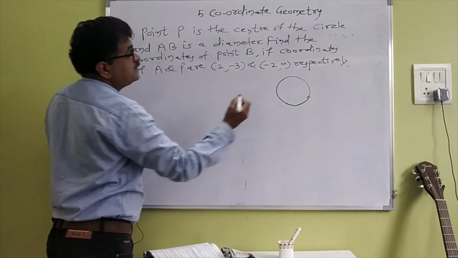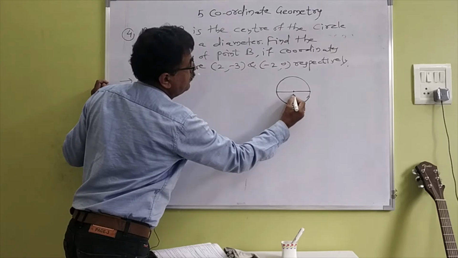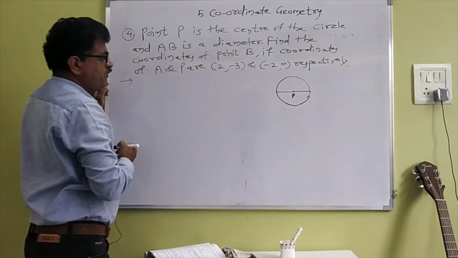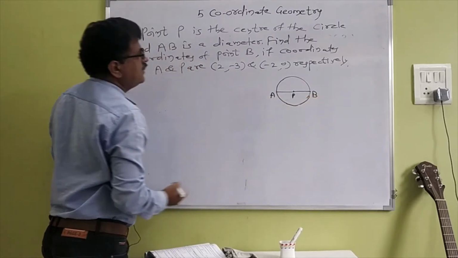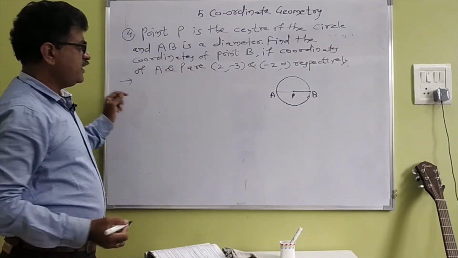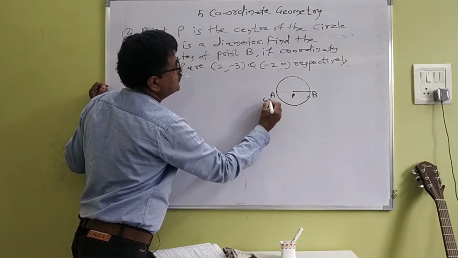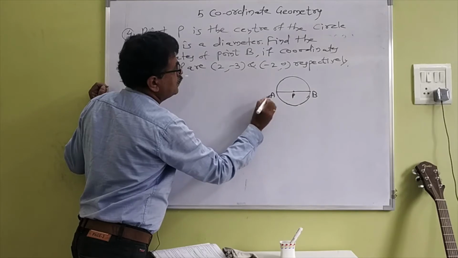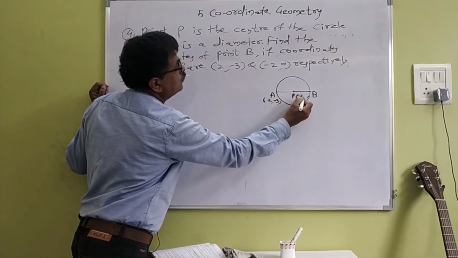We are given that P is the center of the circle and AB is its diameter. Find the coordinates of point B. The coordinates of point A are 2, -3 and P are -2, 0.